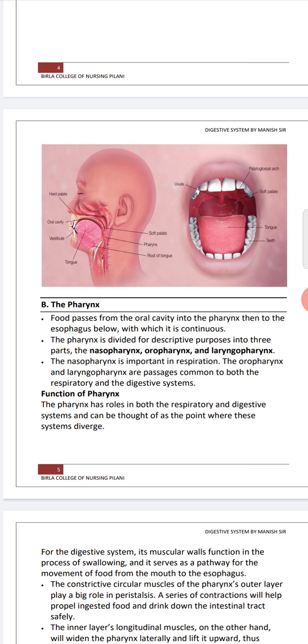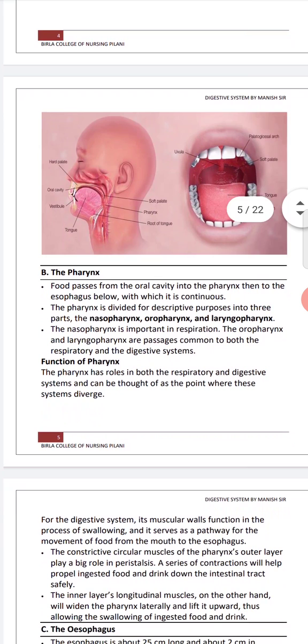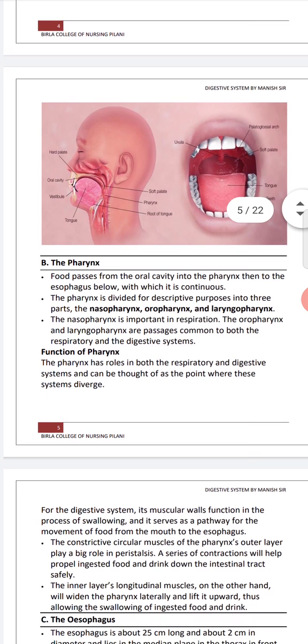Food passes from the oral cavity into the pharynx, then to the esophagus below, with which it is continuous. The pharynx is divided into three parts: the nasopharynx, oropharynx and laryngopharynx. The nasopharynx is important in respiration. The oropharynx and laryngopharynx are passages common to both the respiratory and the digestive system.